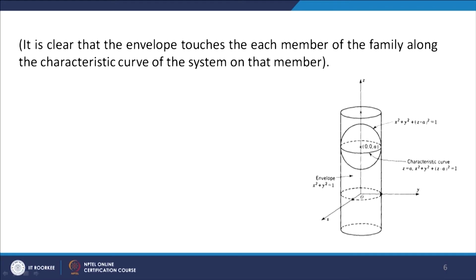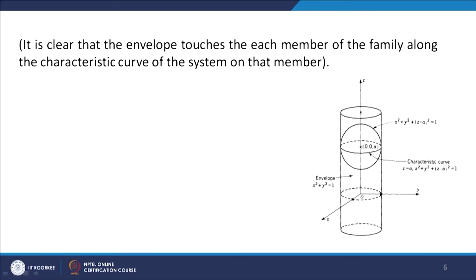This is the characteristic curve which is a circle lying in the plane z equal to a having the center 0 0 a, and the envelope is this one, the right circular cylinder x square plus y square equal to 1. It is clear that the envelope x square plus y square equal to 1 touches each member of the family.